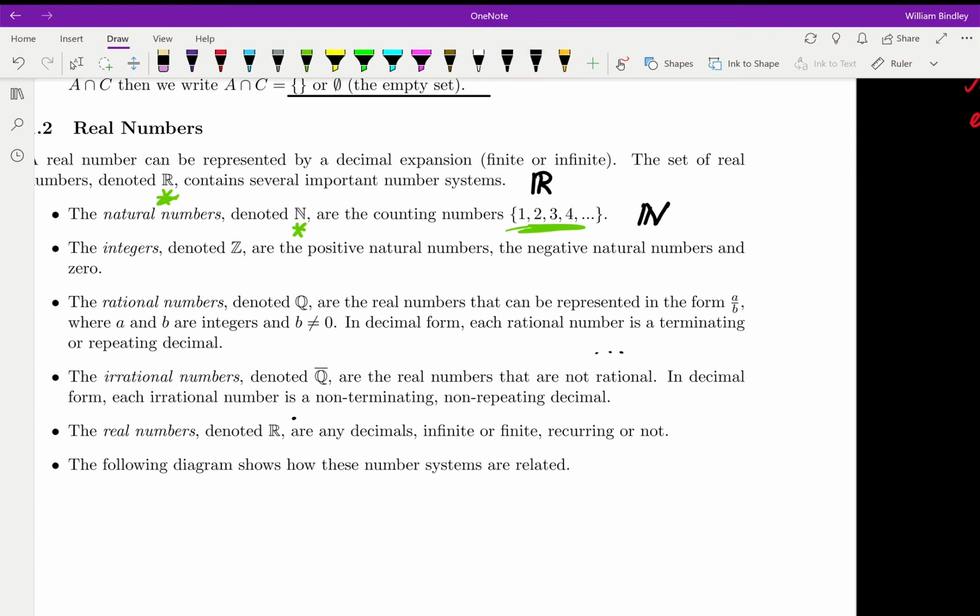Now I should probably comment that there are two types of people in the world, right? There are people who treat 0 as a natural number, and there are people who don't include 0 in the set of natural numbers. And there really isn't a right or wrong when it comes to this. It just depends on what's more convenient for the kind of mathematics that you are going to be doing.